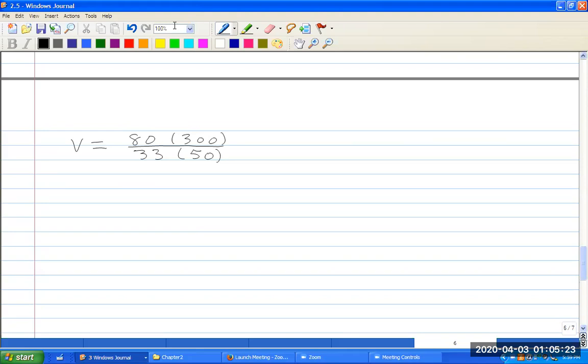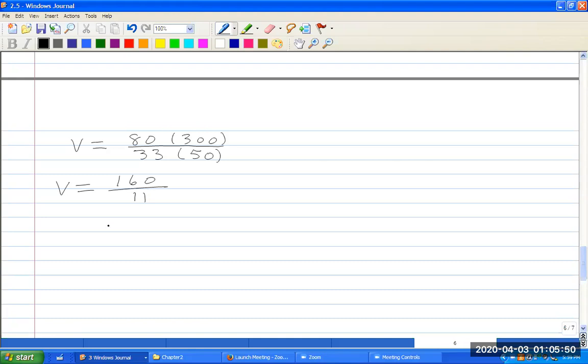So let's simplify this. 300 divided by 50 is 6. I can divide both 6 and 33 by 3. And so 2 times 80 is 160. 33 divided by 3 is 11.